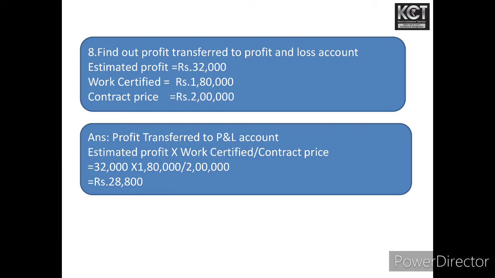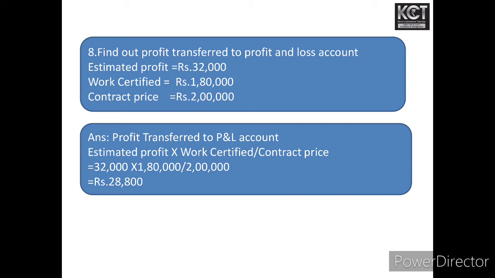Seventh one, find out profit transferred to profit and loss account. They have given estimated profit rupees 32,000, work certified 1,80,000, contract price 2 lakh rupees. To calculate this we use the formula: profit transferred to profit and loss account equals estimated profit multiplied by work certified divided by contract price.